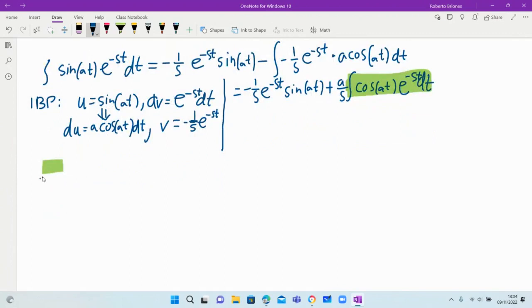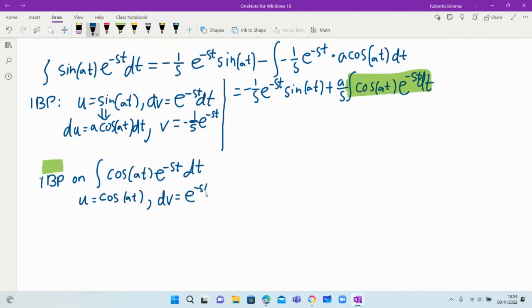So by using integration by parts on cosine at e to the negative st dt, we let u be equal to cosine of at and our differential dv as e to the negative st dt.